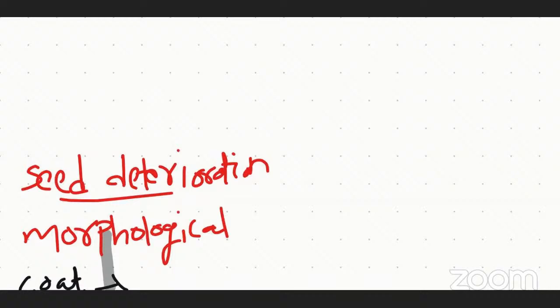In the tetrazolium test, you can find out the amylase enzyme activity. I am asking a simple question: in deteriorated seeds, is there enough amylase enzyme in that seed?